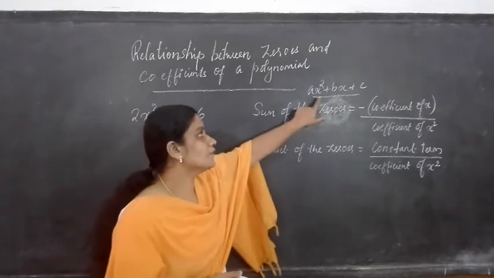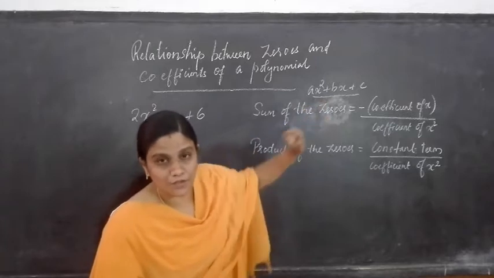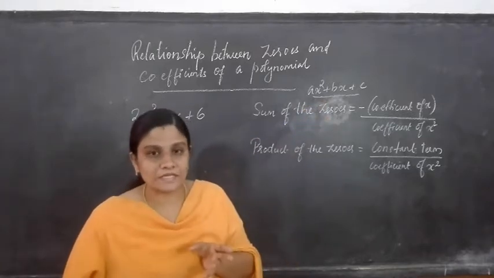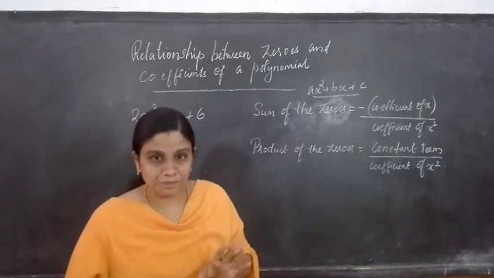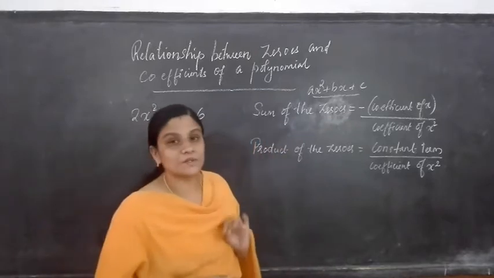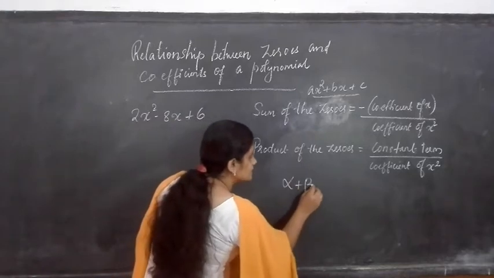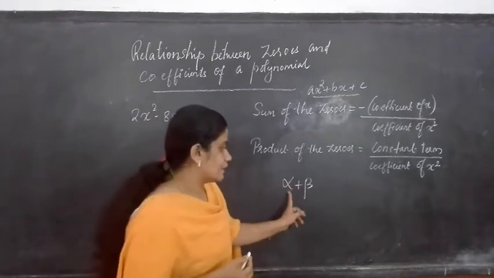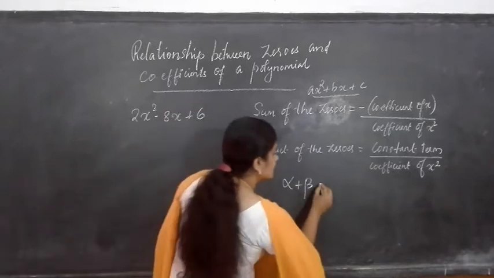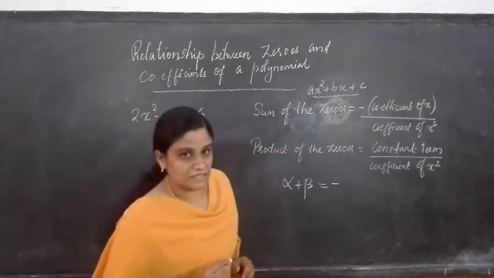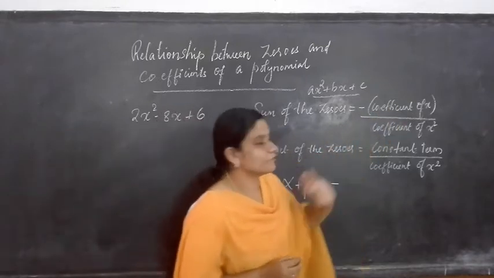Here, as I told you, we are considering the quadratic polynomial. Since a quadratic polynomial has 2 zeros, alpha and beta, sum of the zeros means alpha plus beta. Sum of the zeros is equal to minus of coefficient of x.